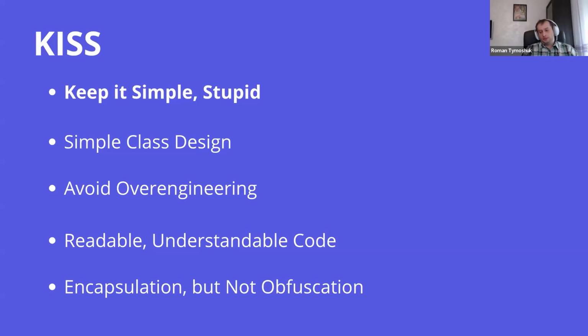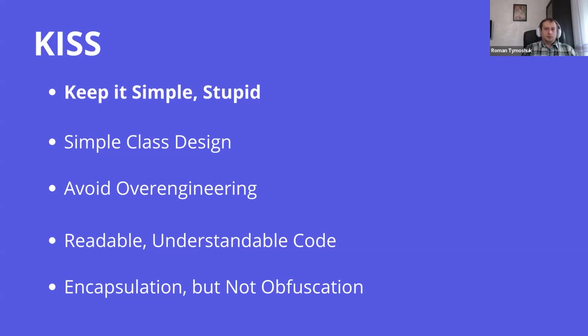Do not implement classes with 1,000 lines of code, because it makes it unreadable, and it would be hard to refactor and to understand what is going on under the hood. So generally, it means we need to have a simple class design. We shouldn't over-engineer. It should be readable and understandable.